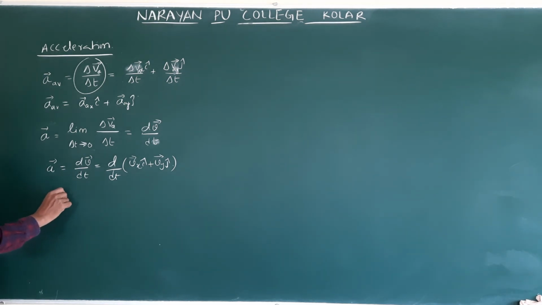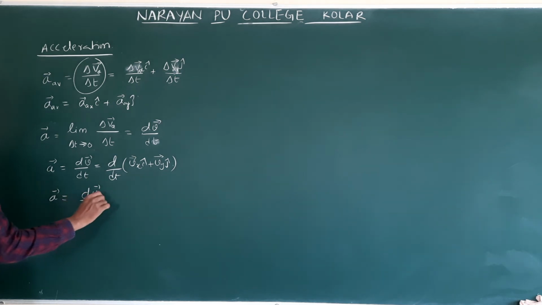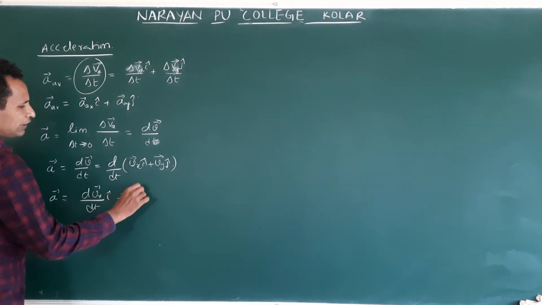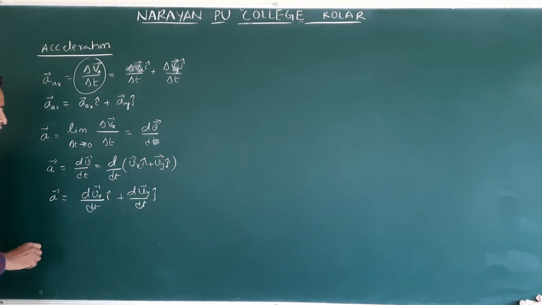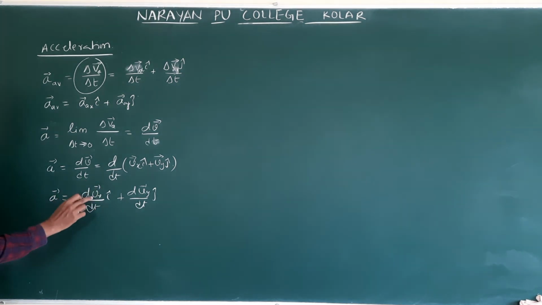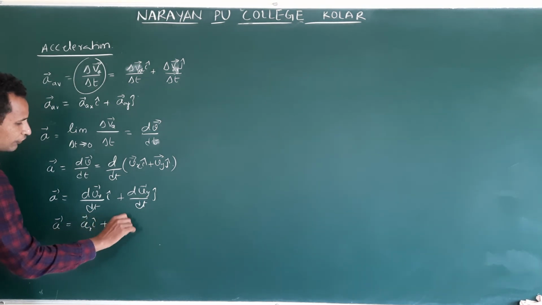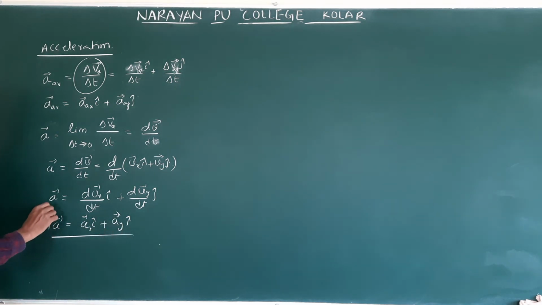Then a is equal to, write this individually, dvx by dt i cap plus dvy by dt j cap. Now this a is the rate of change of velocity along x direction, ax i cap plus ay j cap. Clear? This is instantaneous acceleration vector.